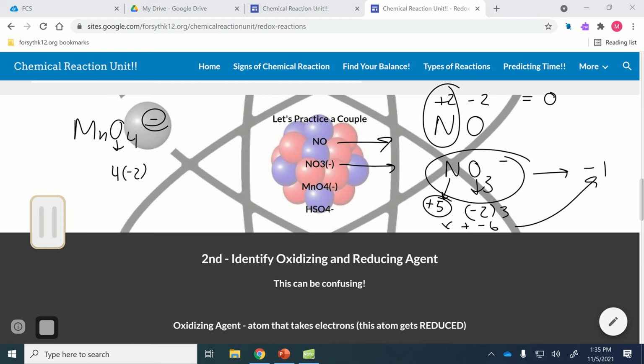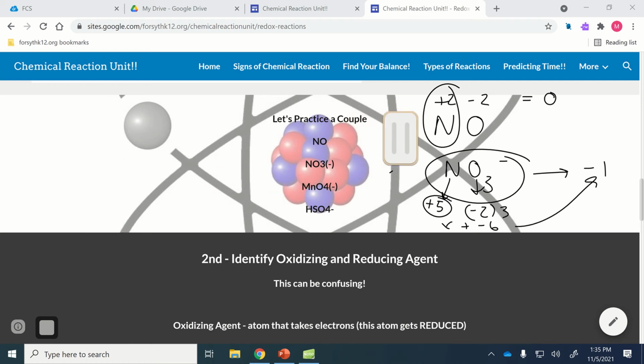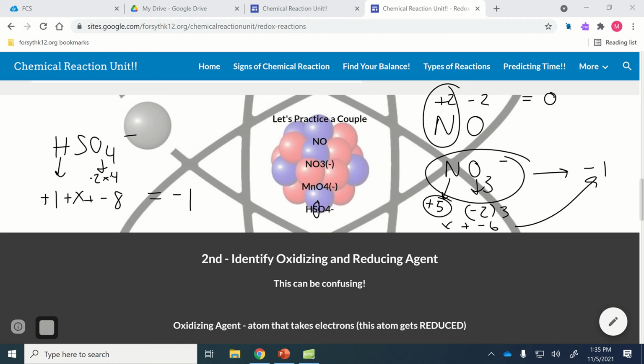The last one down at the bottom, I got HSO4. What I'm trying to figure out is the S. So I have HSO4 minus. So again, the overall charge comes out to -1. -2 times 4 will be -8 from the oxygens. I'm looking for S, and the hydrogen, because it's not with a metal, is +1. So basically I got X plus -7 equals -1.